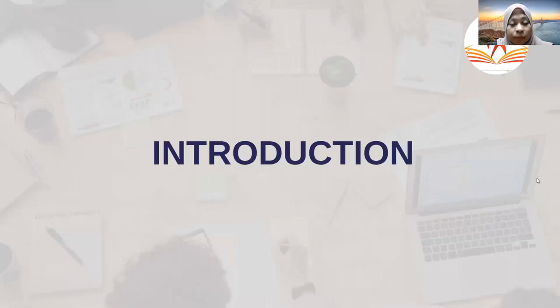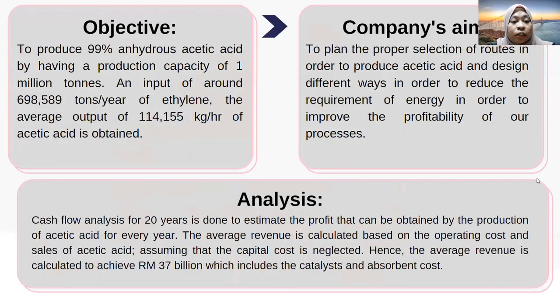Now I will present you the first section, which is the introduction. The objective of our design project is to produce 99% purity anhydrous ST acid with a production capacity of 1 million tons, an input of around 698,000 tons per year of ethylene, and an average output of 114,000 kilogram per hour of ST acid.